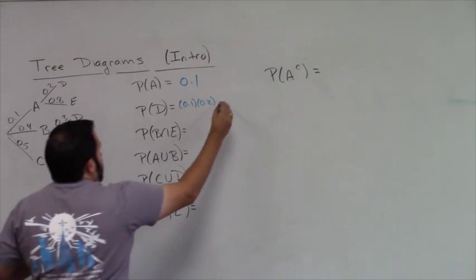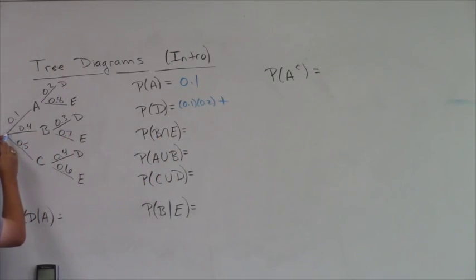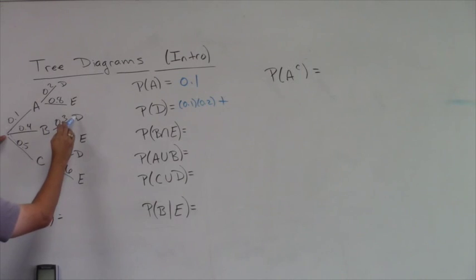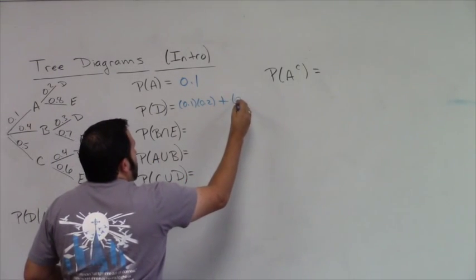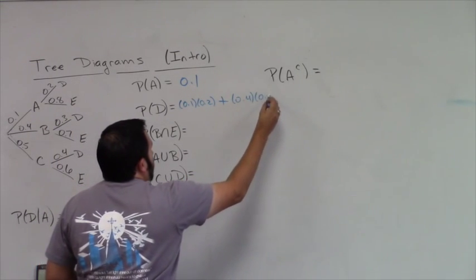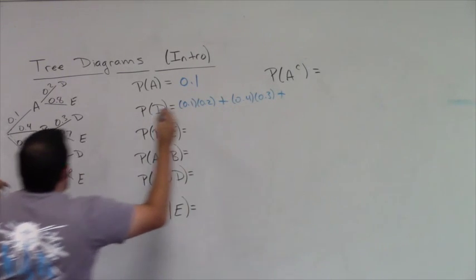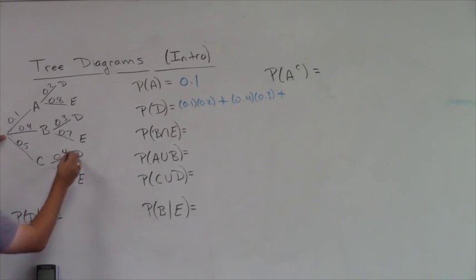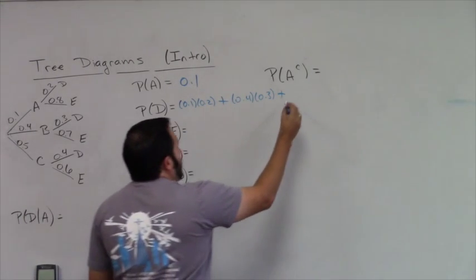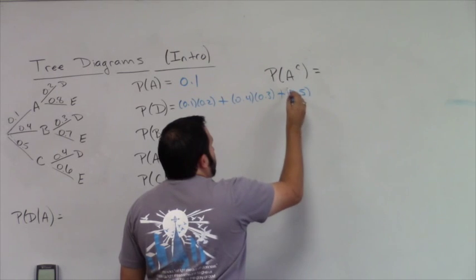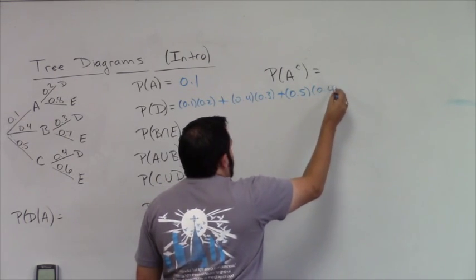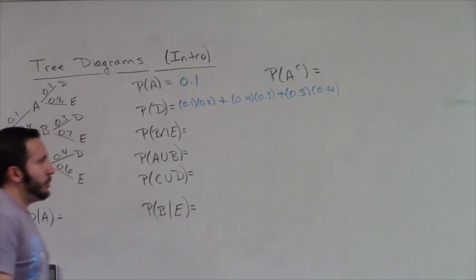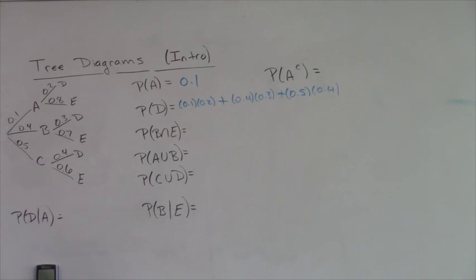So plus, 0.4 times 0.3. Then you lift your pencil again and come across this branch, multiplying 0.5 times 0.4. And that would be your probability of D.